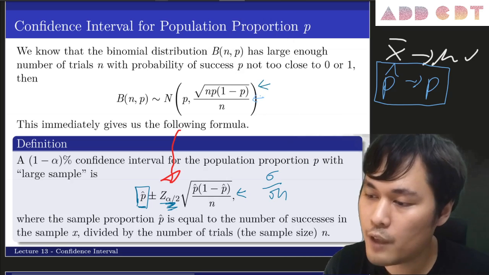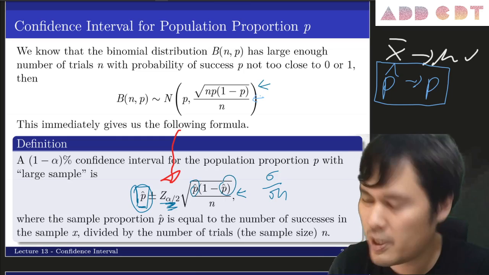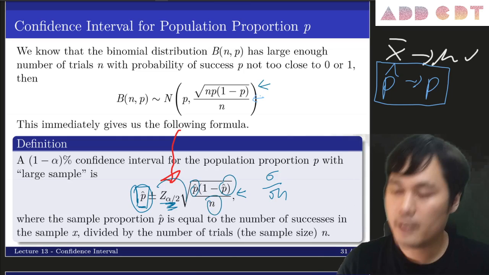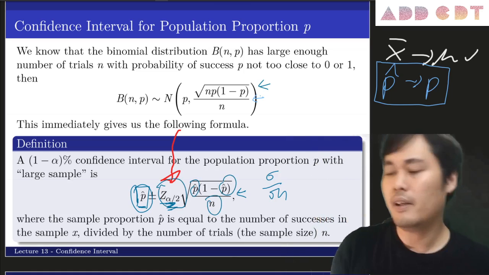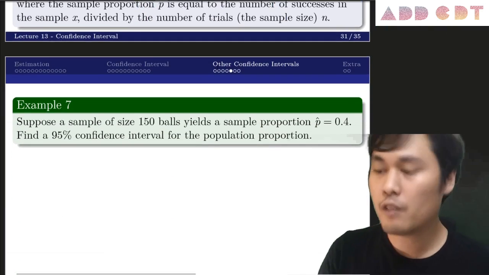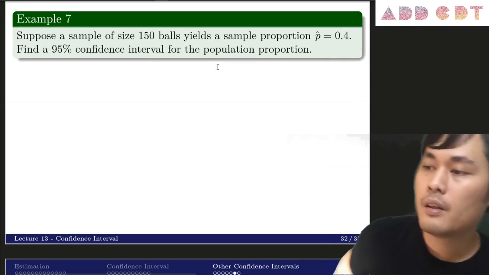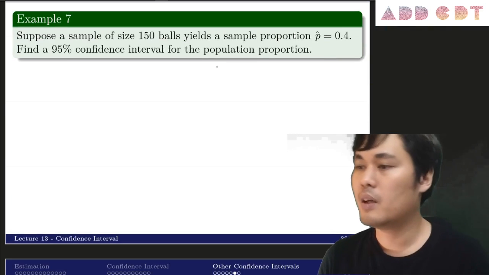So if you compute p hat to get these numbers, and you have n, the sample size, then you can look up the value for z alpha over 2, and you can put everything there to get the confidence interval for the proportion. So now let's get back to our balls, our pokeballs here.